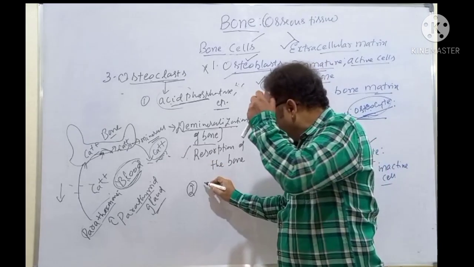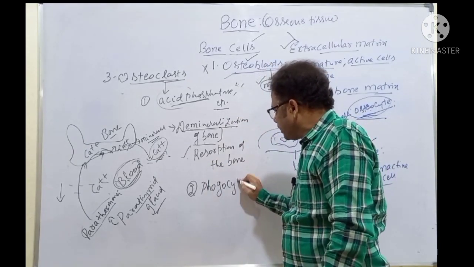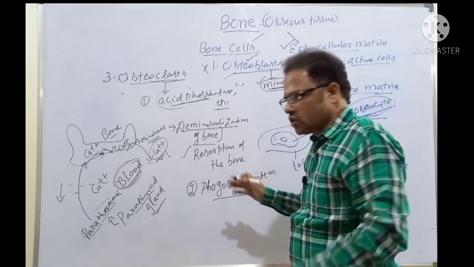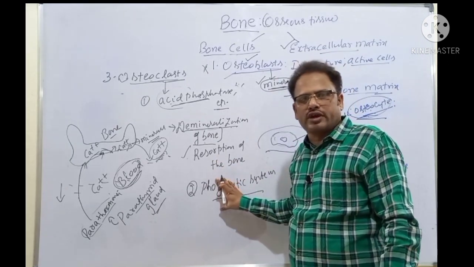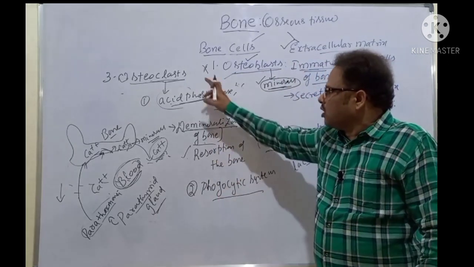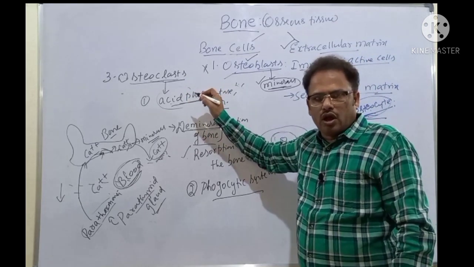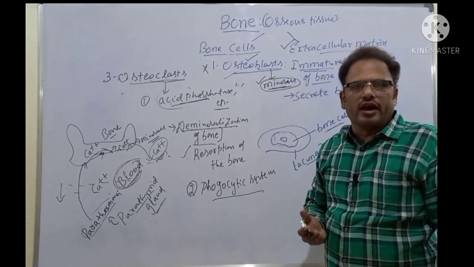Okay, next one is the phagocytic system. Just now I told you that it forms a phagocytic system, because it's nothing but a monocyte. It's a combination of different monocytes. They engulf and kill the bacteria by phagocytosis. That's what I say: it forms a part of the mononuclear phagocytic system, along with the Kupffer cells of the liver, synovial cells of the joints, and microglia of the nervous tissue.